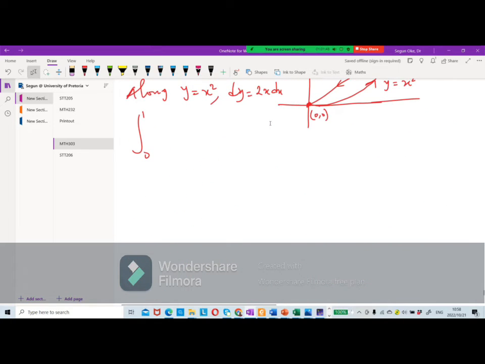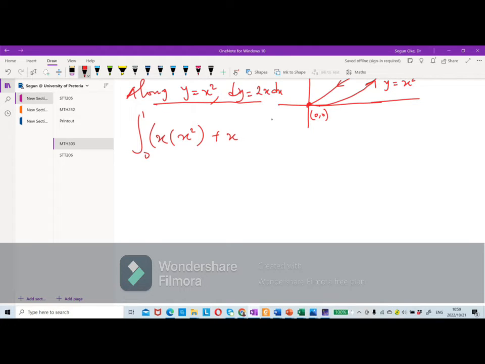So let's substitute it. So you are going to have x times what? What is y? From here, y is equal to x squared. Plus x raised to power 4. Yes, do you agree with me? Yes, sir.